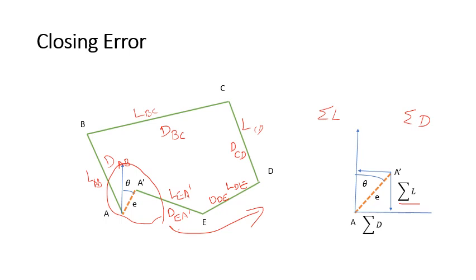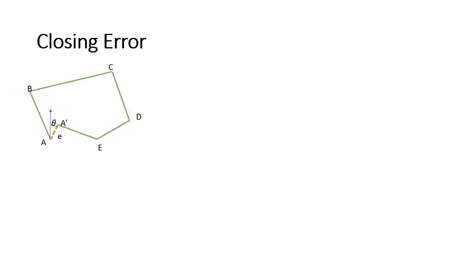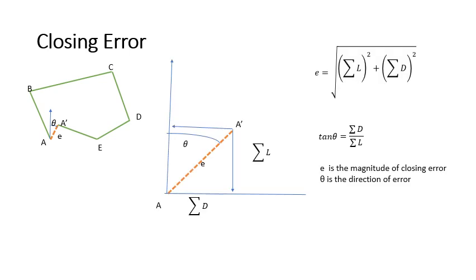So what will be your error then? You calculated total latitude and total departure. Now can you find your closing error? Yes, your closing error will be the square root of sigma L square plus sigma D square. Isn't it? Because E is the hypotenuse of this right angle triangle.